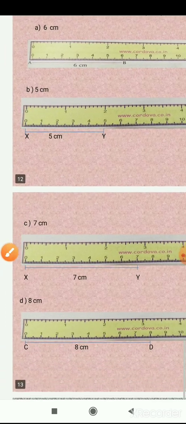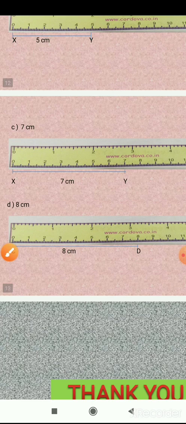Okay, next we have to draw a line segment of length 7 centimeter.